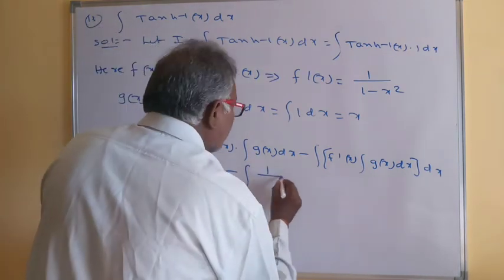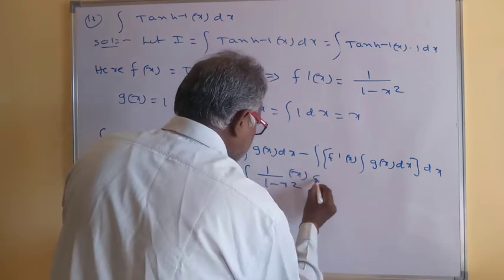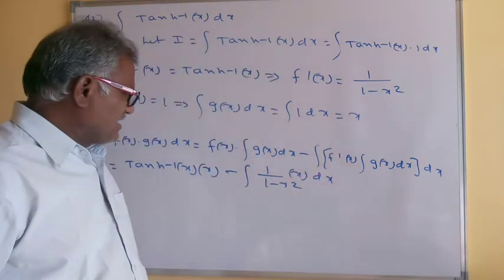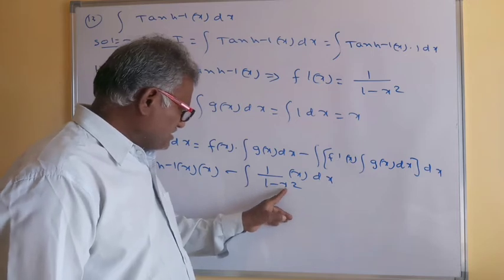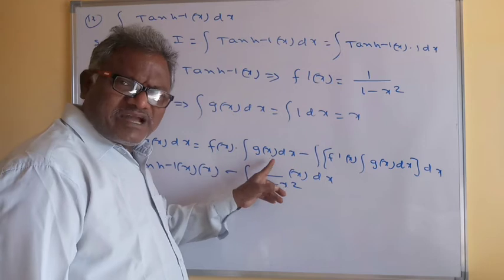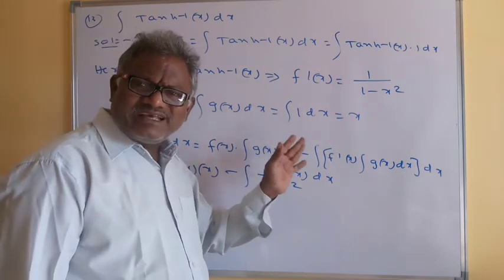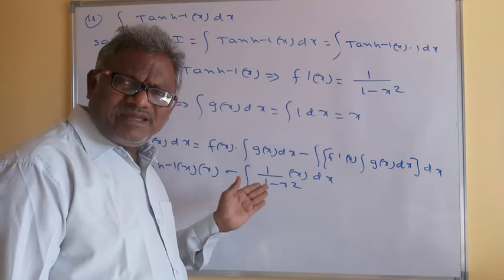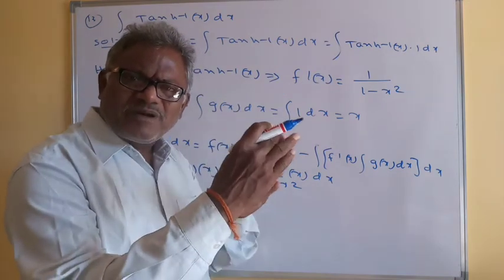Minus, the derivative of this one is 1 by 1 minus x square, and this is x. Here for this one, we need minus 2x, but only x is there. So to obtain minus 2x, you have to multiply both numerator and denominator by minus 2.